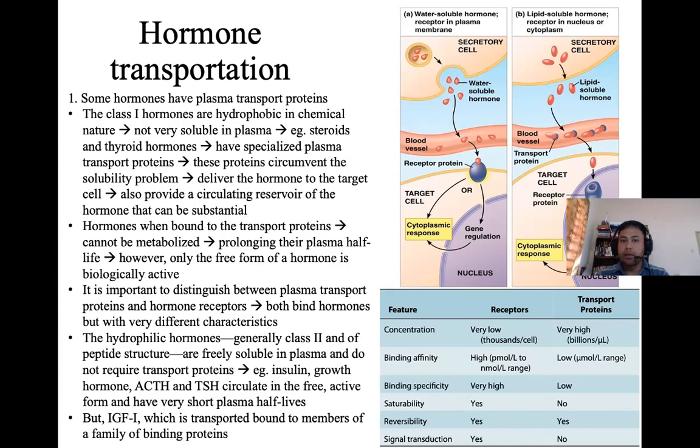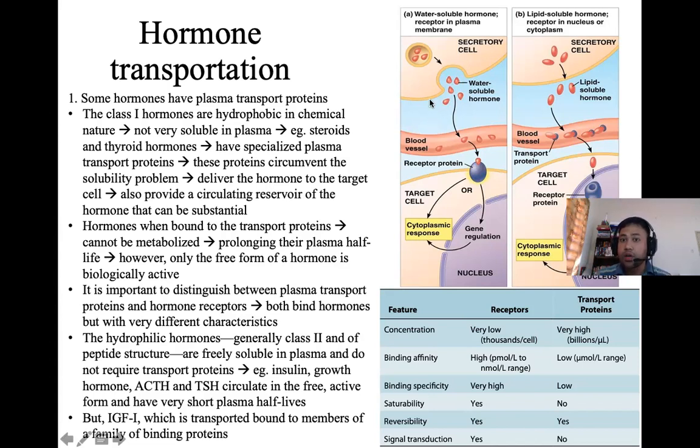But in this context, the hormones can travel in the plasma. Why? Because around 90% of the constituent of plasma is water. So you can see that most of the hormones are water loving.